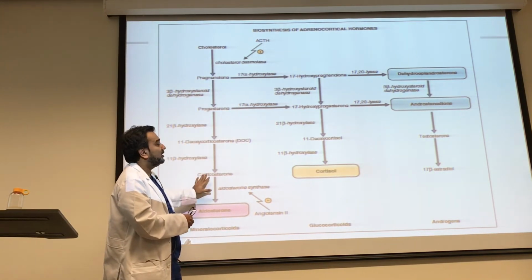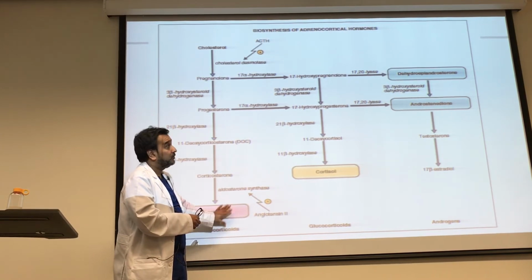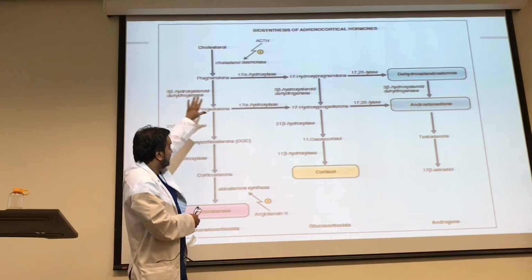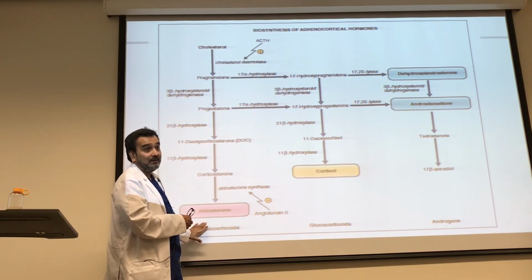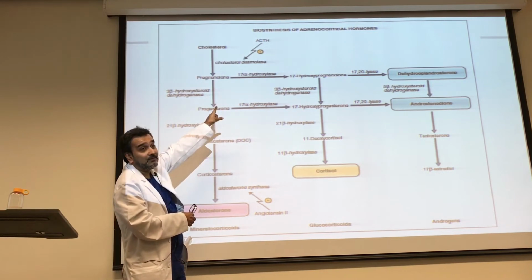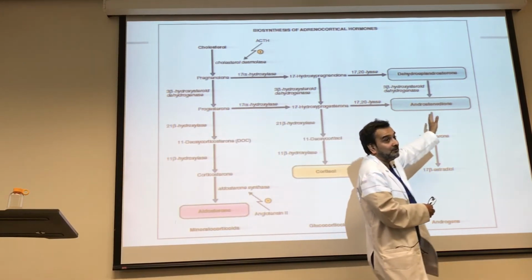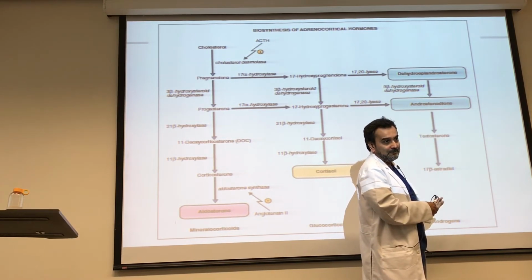That means you start to produce more cortisol and more aldosterone. More of cortisol, more of aldosterone. If you have deficiency of 21 beta hydroxylase, this synthesis is going to shift to this side. More of androgens would be produced.